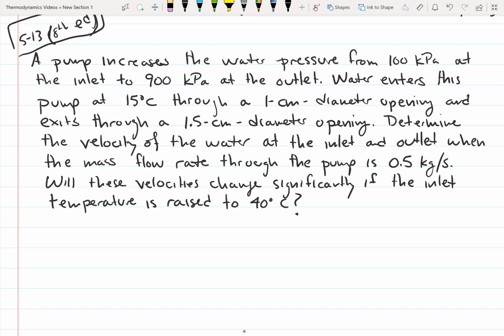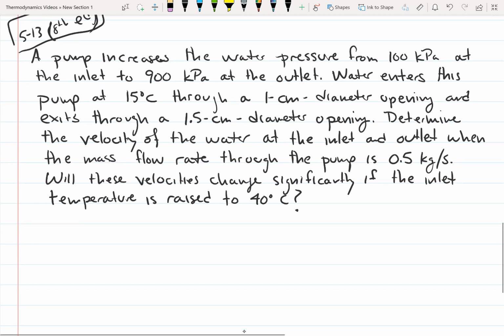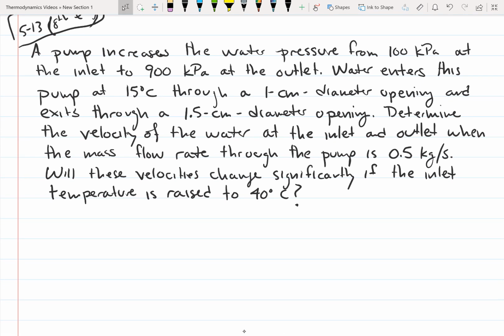And then it has a question about, will these velocities change significantly if the inlet temperature is raised to 40 degrees Celsius. So basically we just have a pump increasing the pressure of the water, and we want to determine the inlet and outlet velocities of the water.